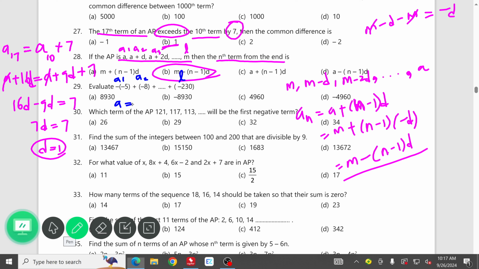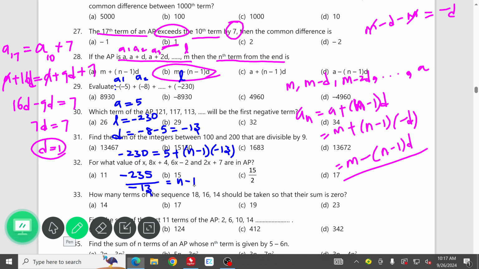When you bring 5 opposite, minus 235 divided by minus 13 equals N minus 1. Is it divisible? Check once again. No, it's not. Then it is minus 5 only. Check once again whether it is dividing or not. Instead of this dot, they have given this dash. This dash you don't consider.